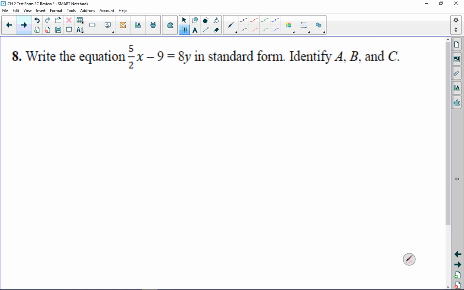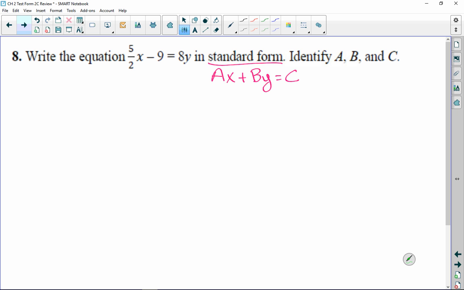Okay, number 8. Write the equation of 5 halves x minus 9 equals 3y in standard form. Identify a, b, and c. What's standard form? Can anybody tell me? You'll need to know this for ACT. Probably have a few of these on there. Standard form is ax plus by equals c.